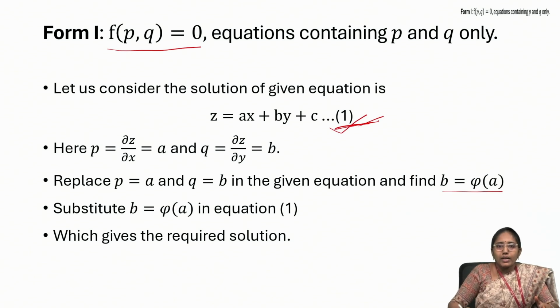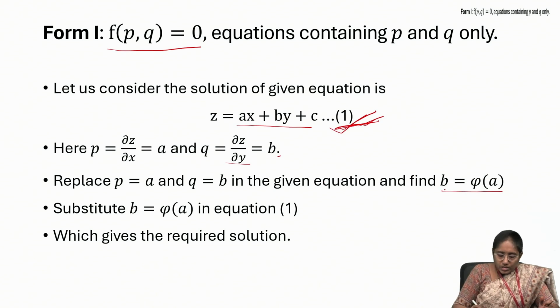From this equation, find the p and q values. p is nothing but dou z by dou x, which from this equation is a, and q is nothing but dou z by dou y, the derivative of the assumed equation with respect to y, which is b. Substitute these p and q values in equation 1. Here p equals a and q equals b. Substitute, then you will get the equation in terms of a and b.